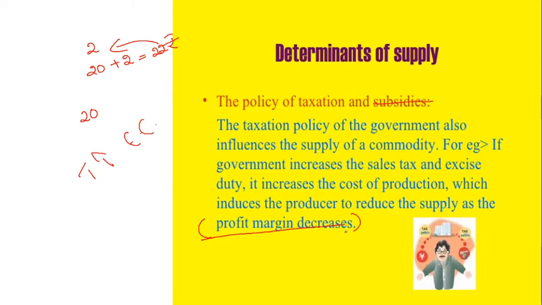Why is the profit margin going to reduce? Because the taxes are going to increase. When the taxes increase, automatically you have to pay the amount to the government. So that means your revenue margin, profit margin will reduce. That is one burden for yourself.